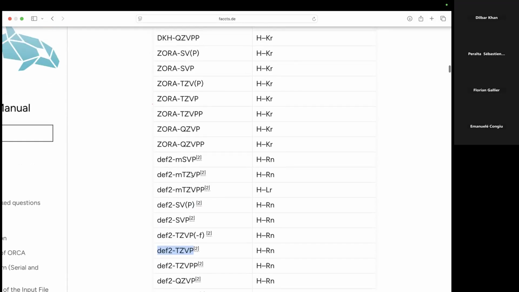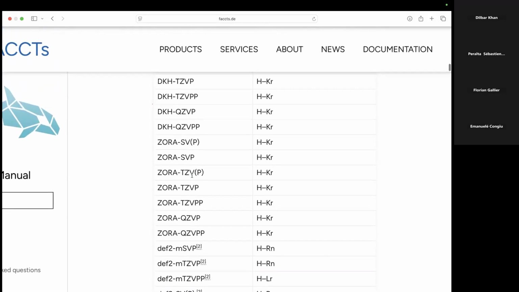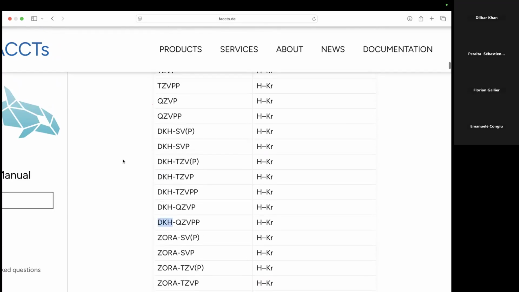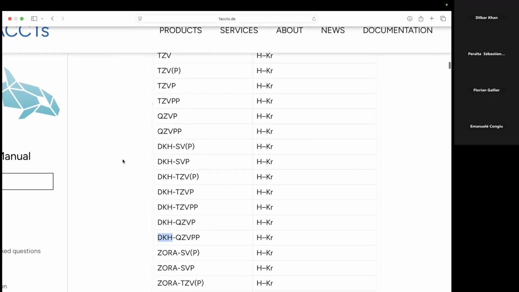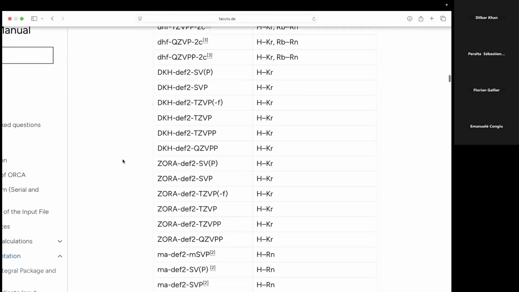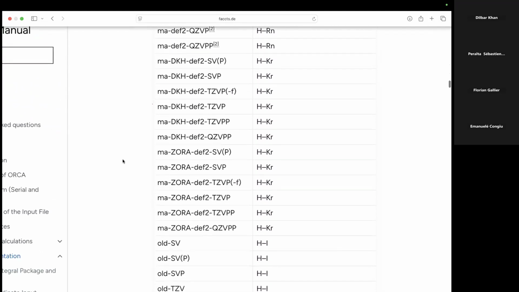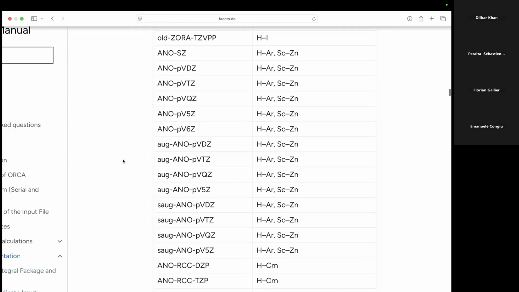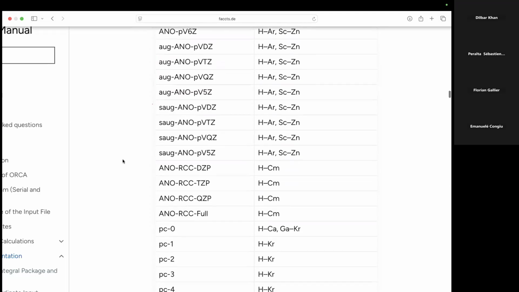And if you work with transition metals, you may want to use ZORA, which has relativistic approximations, or DKH relativistic basis sets, depending on your molecular system. So you can see many different types of basis sets.